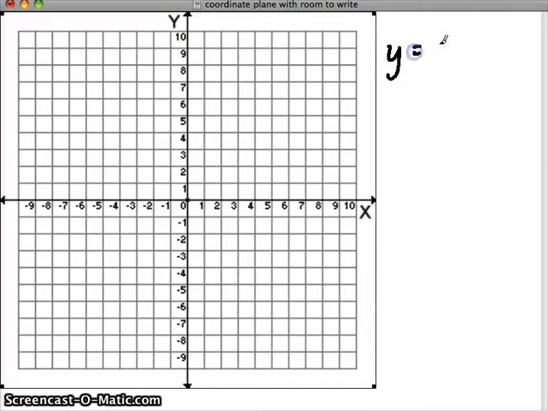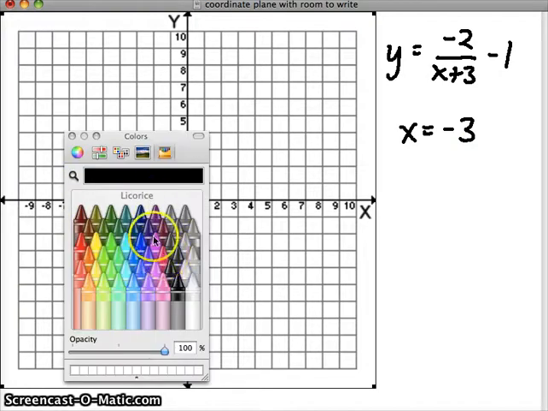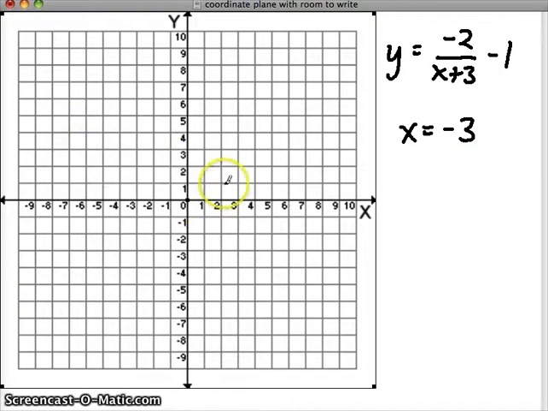We'll rewrite our function. So we know that our vertical asymptote is this vertical line at x equals negative 3. While the asymptote is not generally graphed, it's always implied.